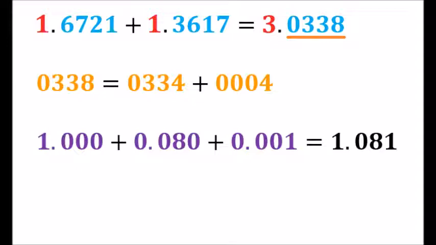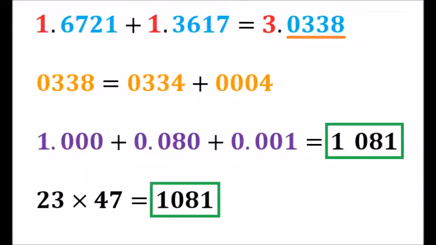Now we can look at the characteristic in red. This is 3, so move the decimal 3 places to the right. Of course, we know that the product of 23 and 47 is 1081. By moving the decimal, that's exactly what we got. This is boxed in green.